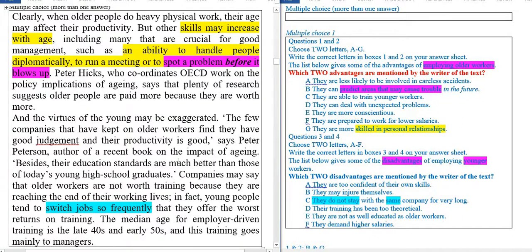And then much better. There, you know, you should understand the pronouns. There means what? There means the older people. How can you know that? You can see this passage starts with older people. So this there is older people.